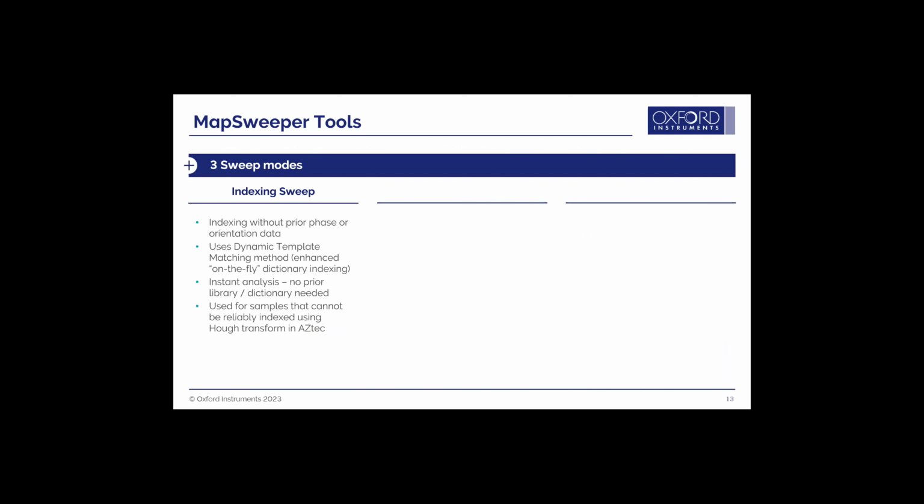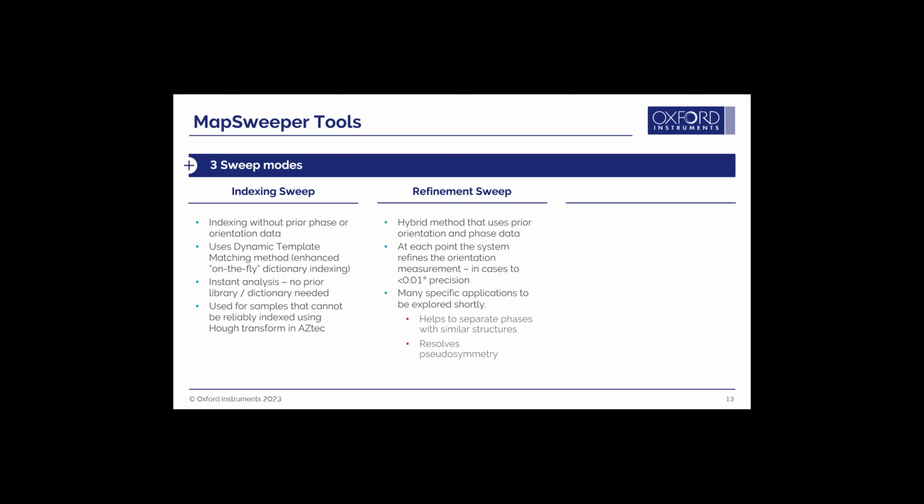There's an indexing sweep where we're looking at patterns that are very, very poor, where Hough indexing is going to be basically impossible. There are ways to maybe solve, but you get very low confidence, where pattern matching is going to be something more quantifiable, something that might be a little bit better. It's going to use something called dynamic template matching that I'll talk about in a second.